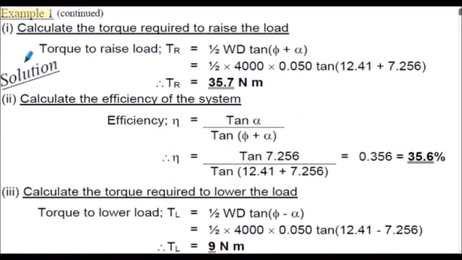Example 1, solution continued. Next we calculate the torque required to raise the load W, using the torque equation from our previous work given here, inserting the values for W, D, phi and alpha. The torque required to raise the load is 35.7 Newton meters.